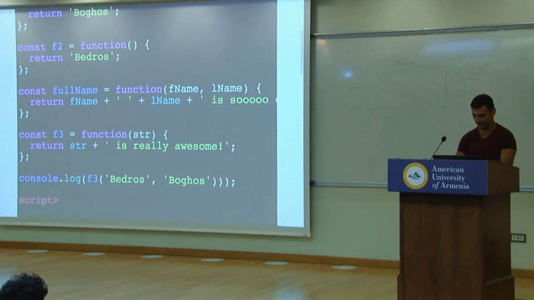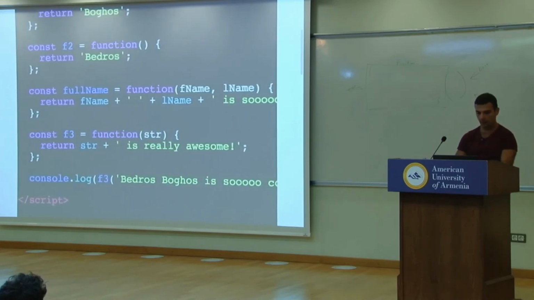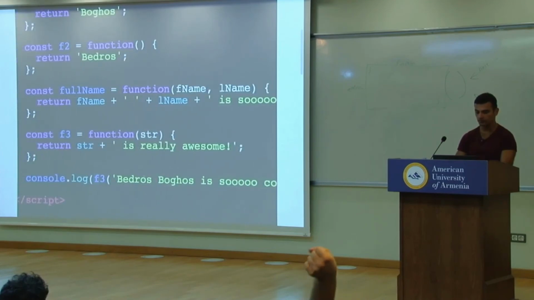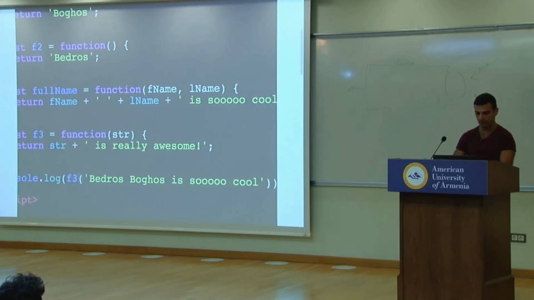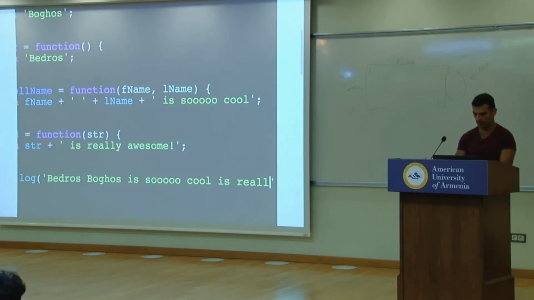You get space is so cool. Yeah. And then what happens when you run F3 with bedros boros is so cool? You get bedros boros is so cool, space is really awesome. And so the result of that would be is really awesome.